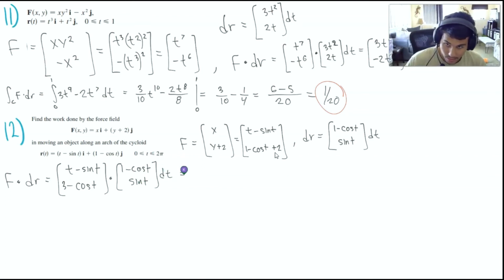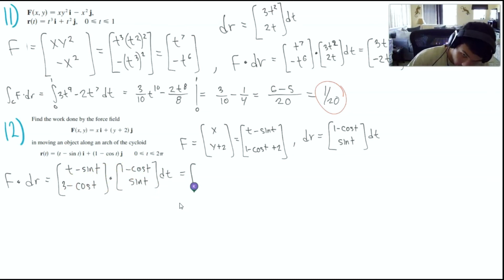Which is going to be, well, t times this thing. So we'll do a little bit of filing. Okay, so it'll be t minus t cosine t minus sine t plus sine t cosine t.